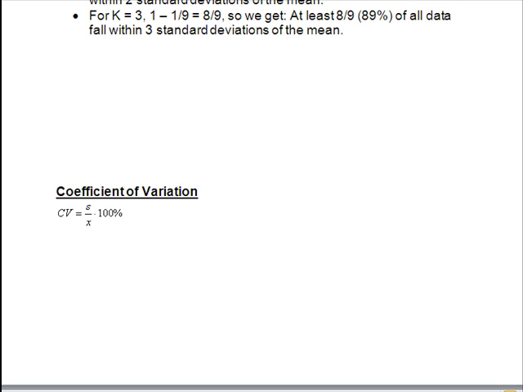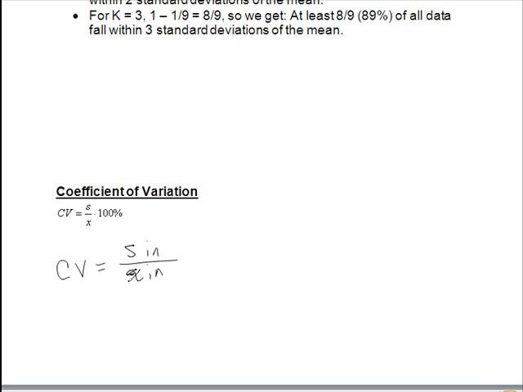Because whatever our units, if we're talking about inches, divided by inches when we talk about our S and our X bar, the units cancel out, and we're just going to end up with a percent.